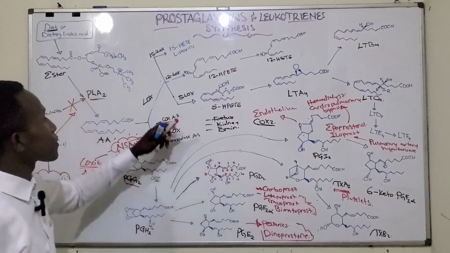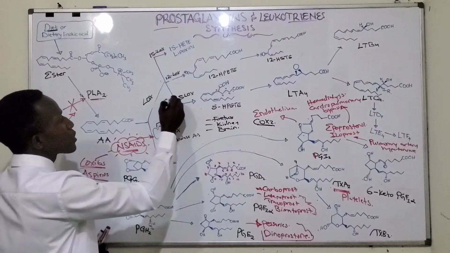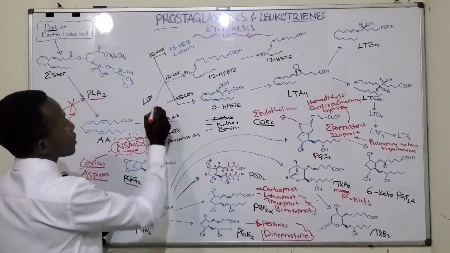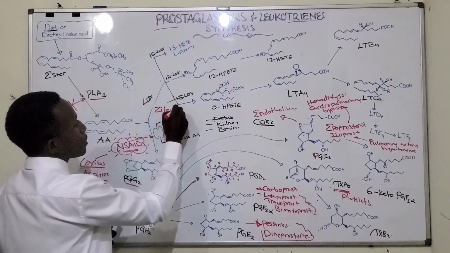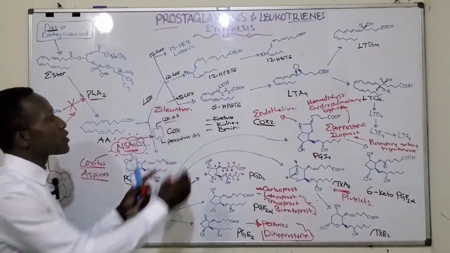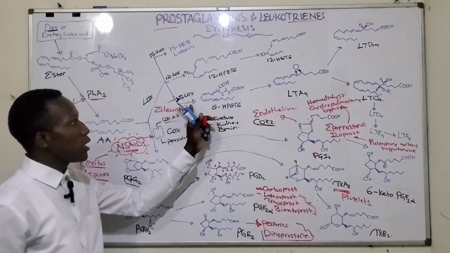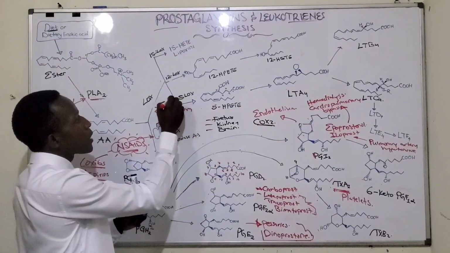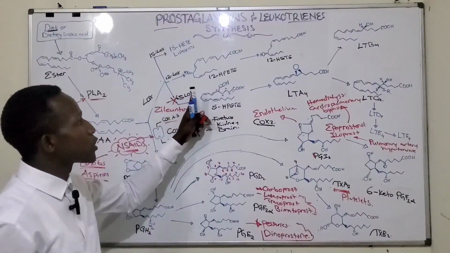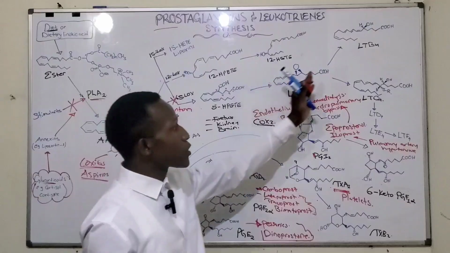Now, when it comes to the LOX pathway, here at first 5-LOX, we have drugs like zileuton. This drug inhibits the 5-LOX, and when it inhibits this enzyme, it means we shall not produce leukotrienes.